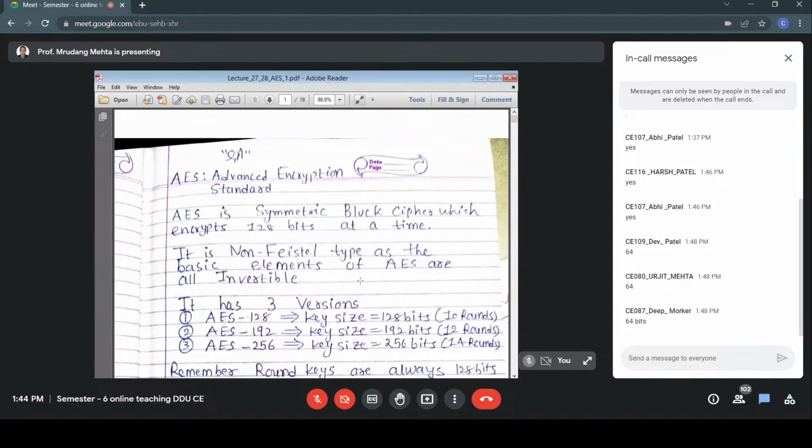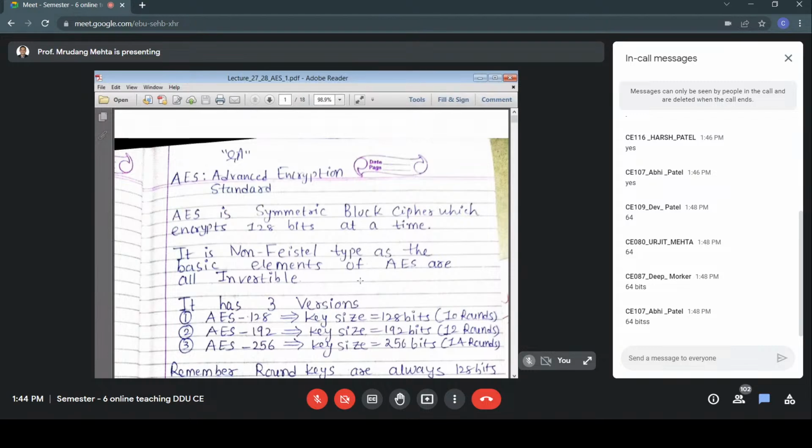Correct, block size is 64 bits in DES. In AES, it is 128 bits, which means it is doubling the block size. So simultaneously you can encrypt 128 bits. This is the main advantage. The second advantage is that it is a non-Feistel type.